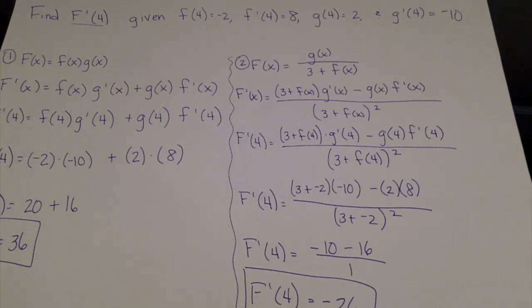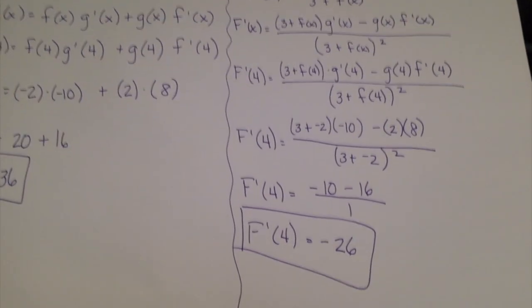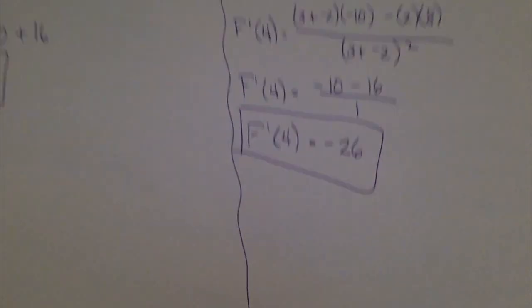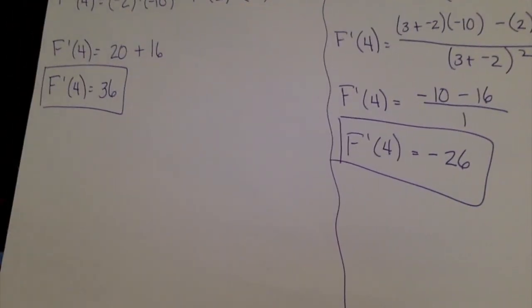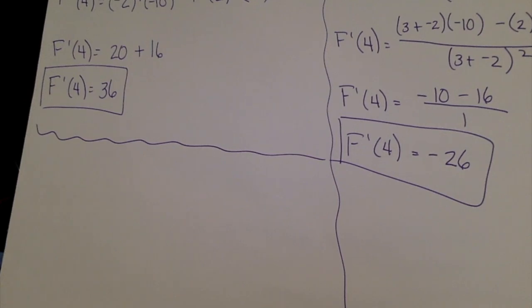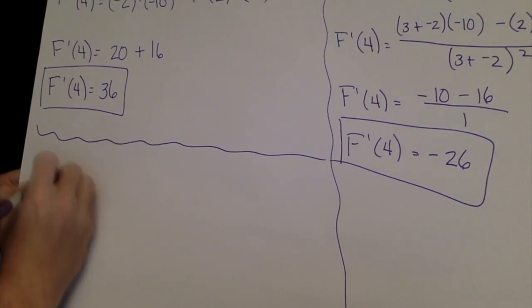Okay, so that is some more advanced and different kinds of examples of problems that you're going to be doing on your assignment today. Let me write the assignment right here. Before Thanksgiving break, if you're in 5th hour, you were given a page. You're not going to do anything out of your textbook.